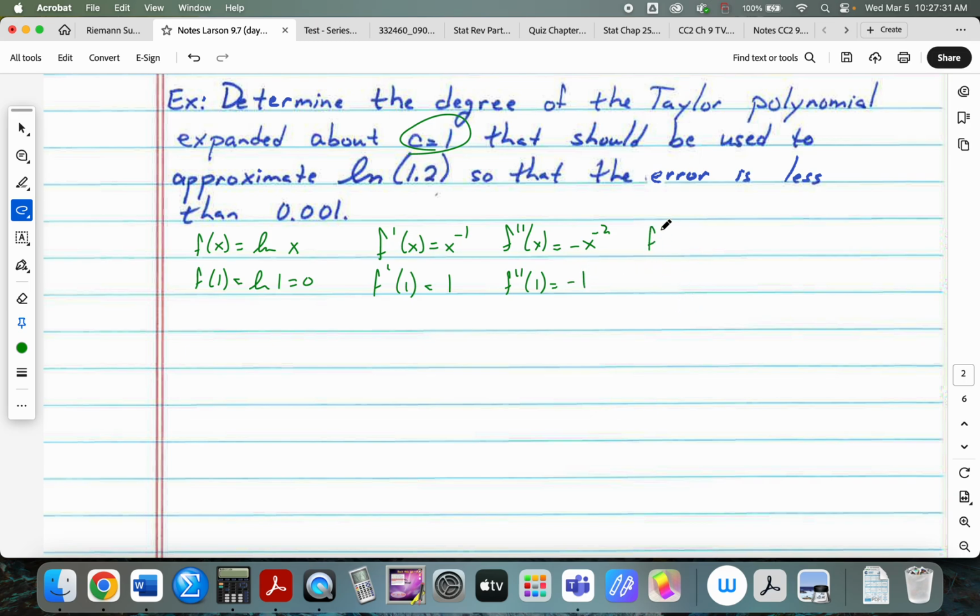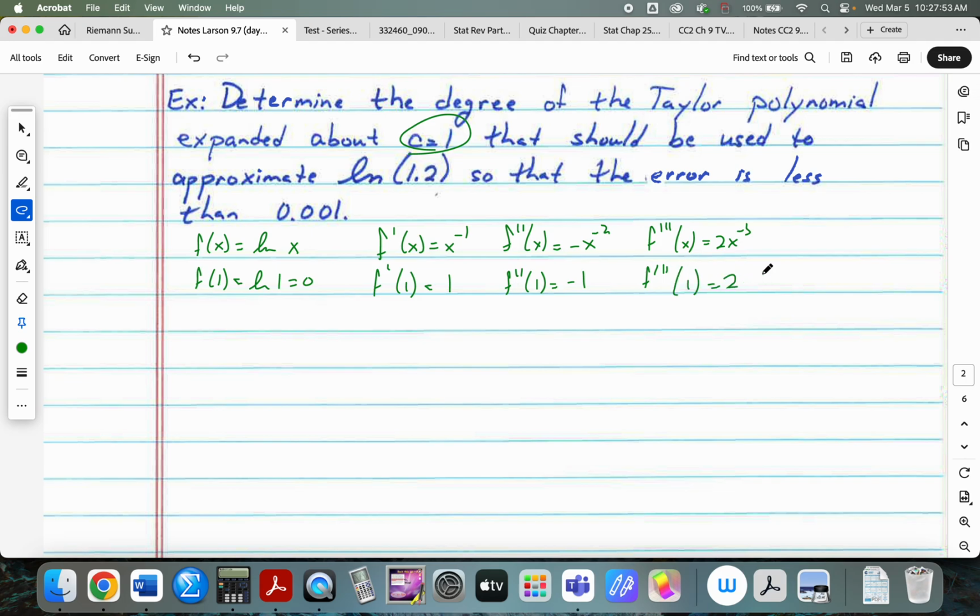The third derivative of f at x is going to be 2x to the negative 3. So my third derivative at 1 is going to be positive 2.